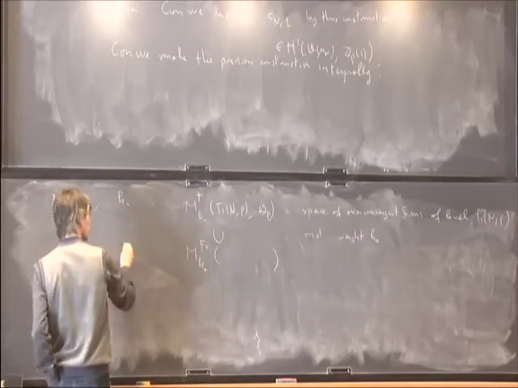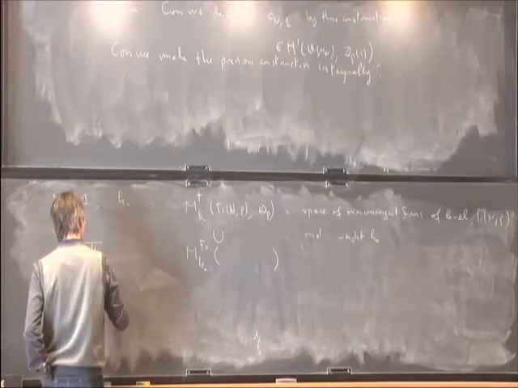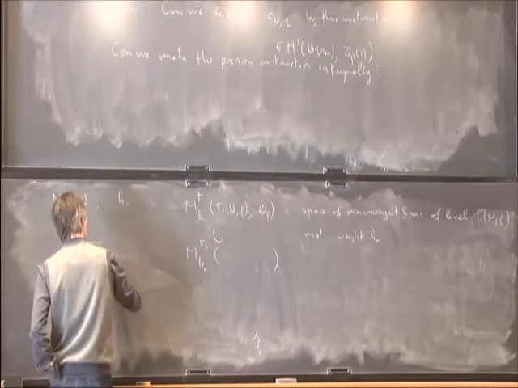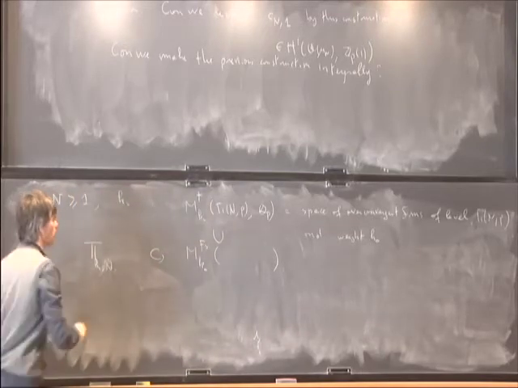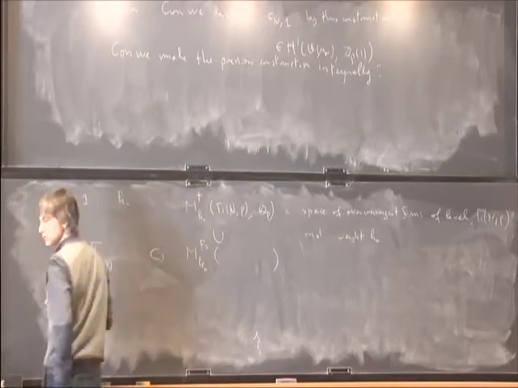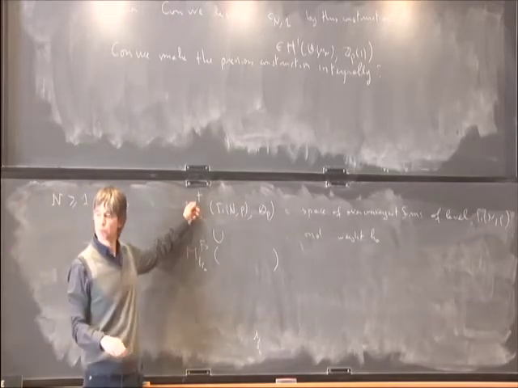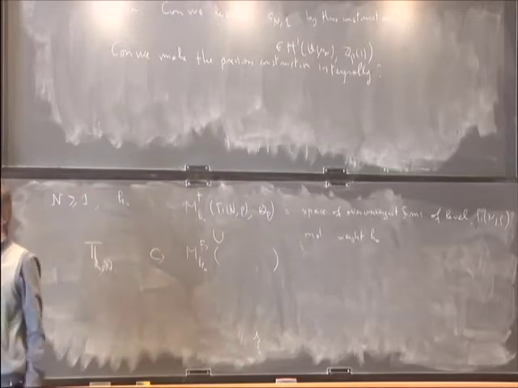And so I introduce the Hecke algebra T_{k_0}(n), which is the Hecke algebra acting on this space. This is a subspace of finite slope forms.